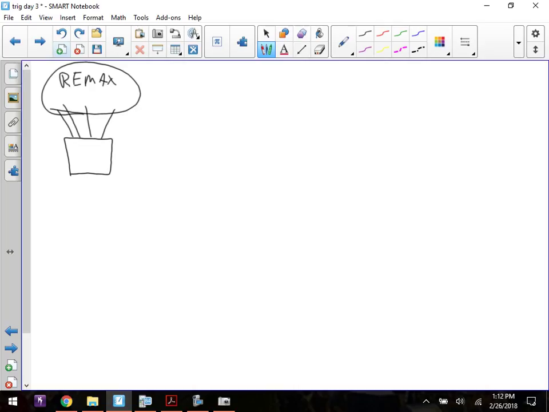There was the Remax hot air balloon floating around this morning. Now, let's just say for fun, the hot air balloon was 500 feet up in the air.